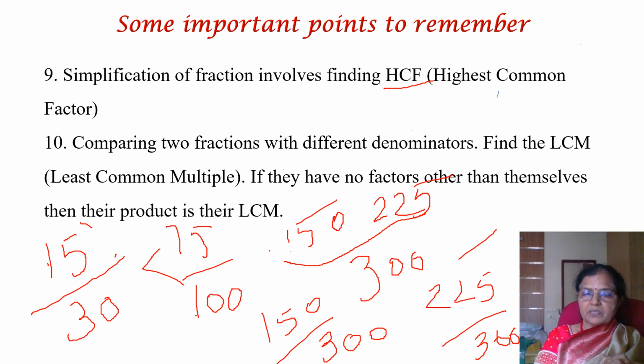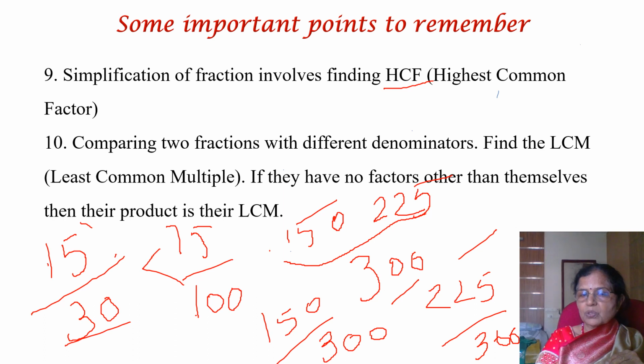But if it is not half and 3/4 but some other fractions, then you have to find the LCM. LCM is the smallest number which is a multiple of both denominators, divisible by the denominators of both fractions. Divide that LCM by each denominator and then multiply the numerator.